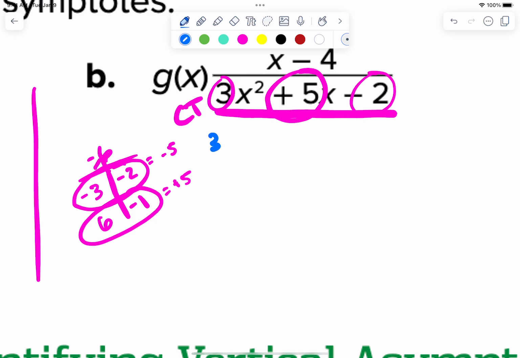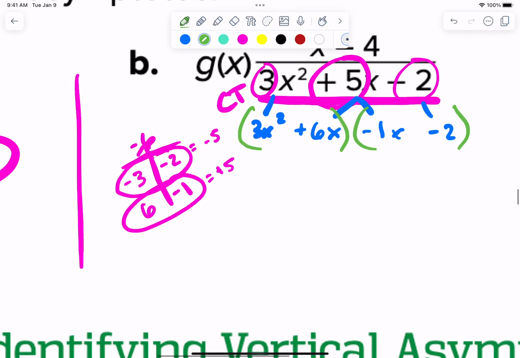So 3x squared comes down, negative 2 comes down, but this 5 splits into 2 pieces: plus 6x minus 1x. Okay, then what? Now do grouping. What comes out of the first group? 3x. Left over is x plus 2. What comes out of the second group? A negative 1.